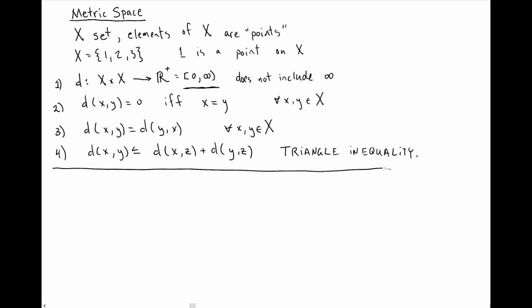So let's try to write that out precisely. So if I have y and d tilde, and x and d, so I have two sets, y and x, and two metrics, d tilde and d, and both of these are metric spaces.